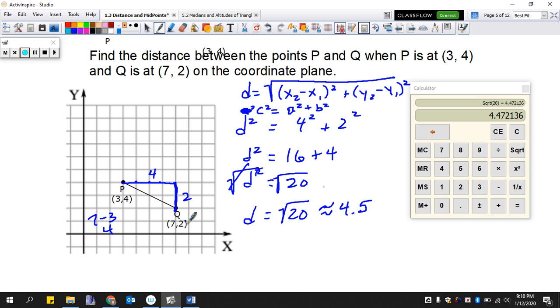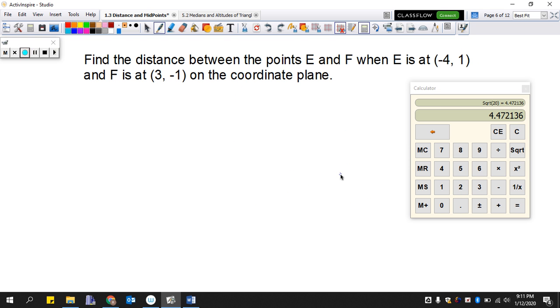All right. This is one where we don't have it drawn out on a coordinate plane, but we're going to find the differences in the x values, so we're going to say 3 minus negative 4, plus negative 1 minus 1.